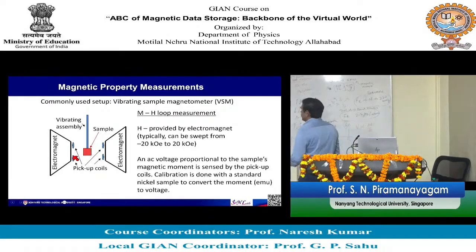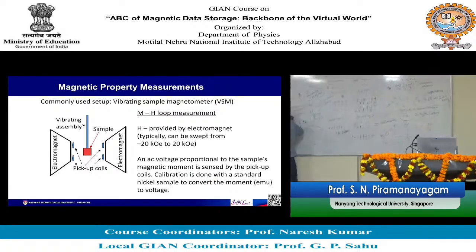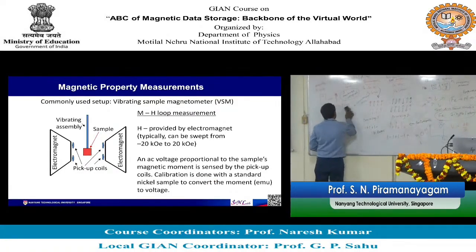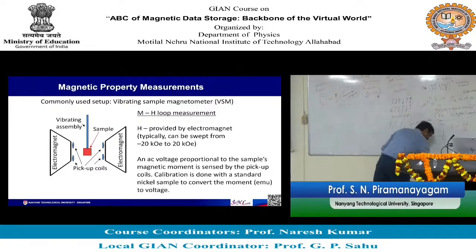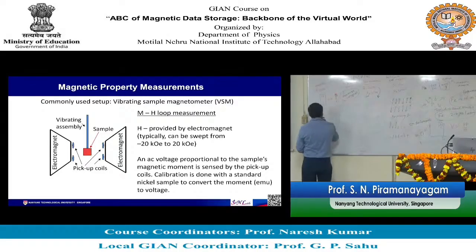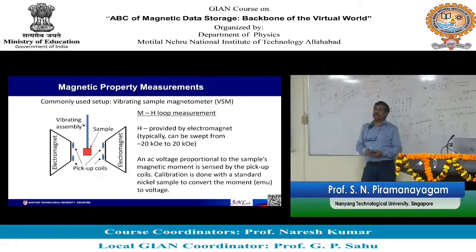Okay. So, for this purpose we do something called calibration first. Let us say you have a known sample, let us say commonly nickel is used as a calibration sample.